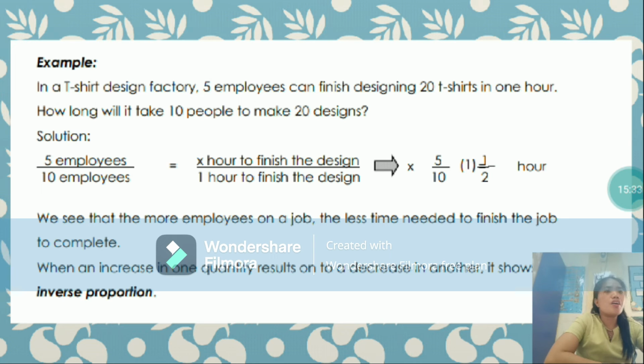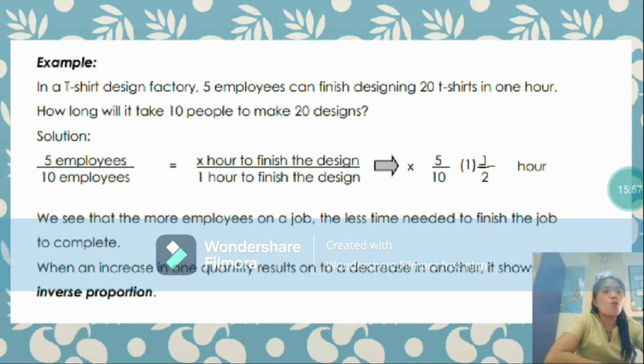So we have here 5 over 10 is equal to x over 1. All you have to do is cross multiply. That will give us 10x is equal to 5.